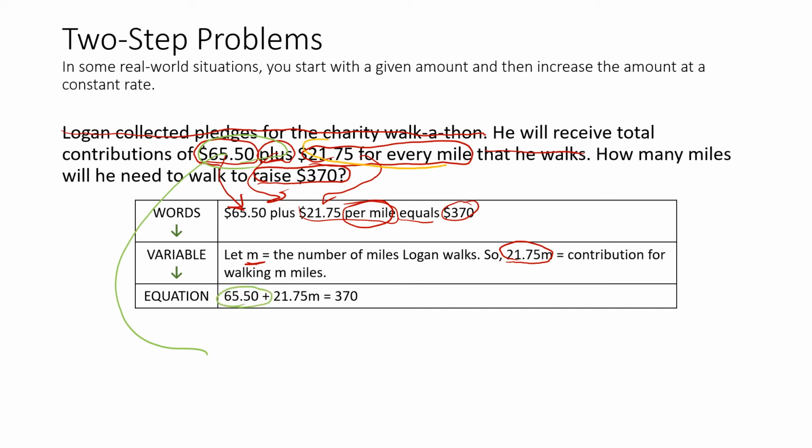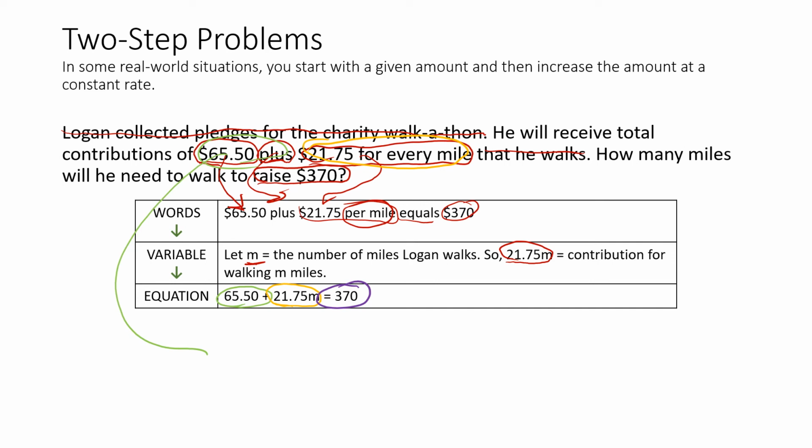Our multiplication is going to be here, 21.75 M, right? So for every mile, if he walks 2 miles, he raises $43.50, etc. And then our purple, the other side of the equation is 370. So that is our equation.